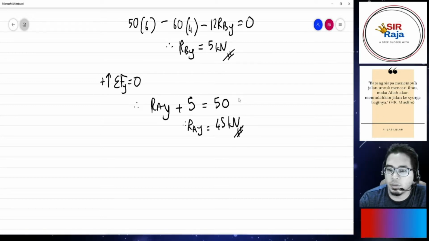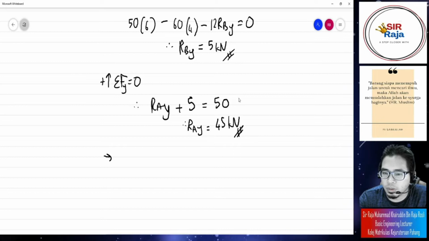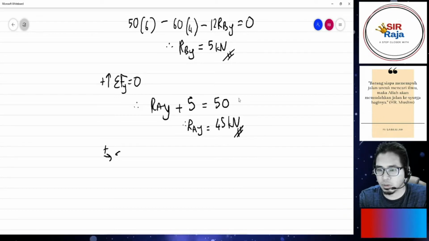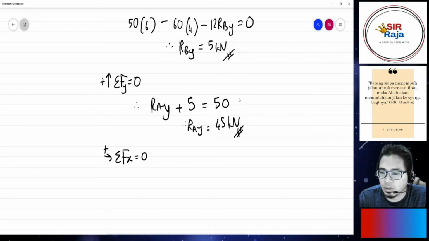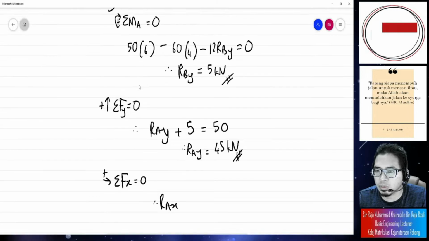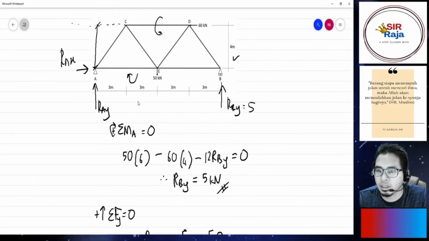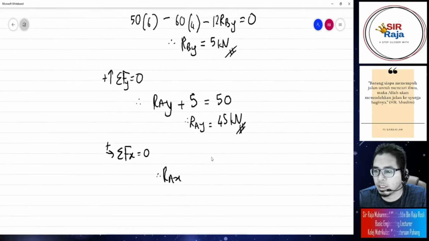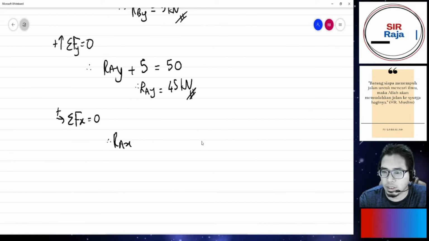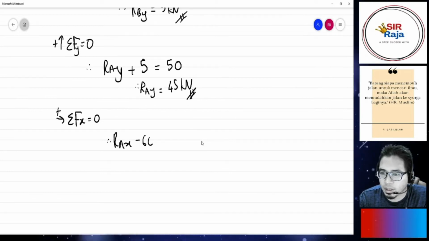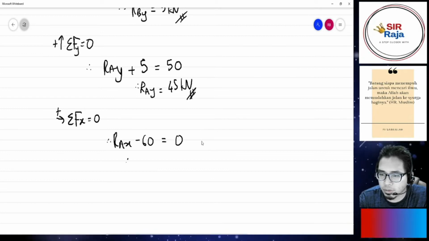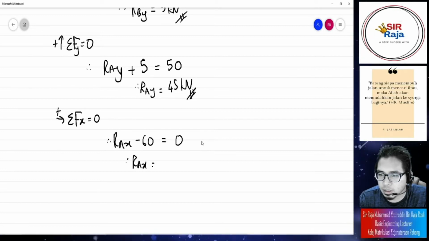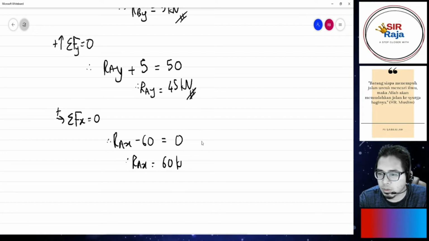Right. And then don't forget, we also have the horizontal load. So we're going to use total Fx equal to 0. Therefore, RAX, we assume going in this direction, to the right, and to the left is negative, which is minus 60, and this is equal to 0. Therefore, our RAX is 60 kilonewton.